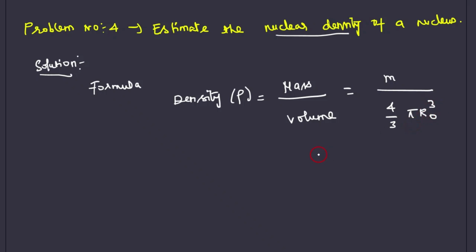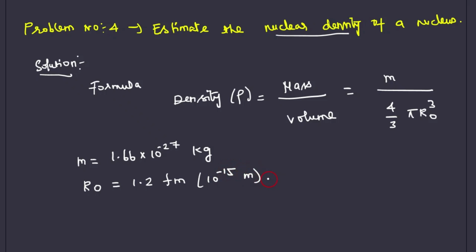So this is the formula. Here m is the mass, m is 1.66 into 10 power minus 27 kilogram. The value of r naught we know, it is approximately 1.2 fm, or 10 power minus 15 m. So we have to substitute all the values.